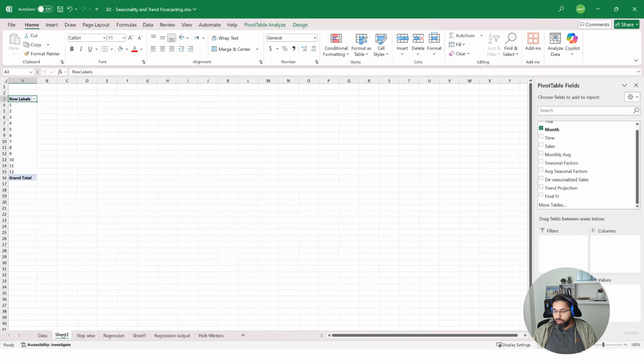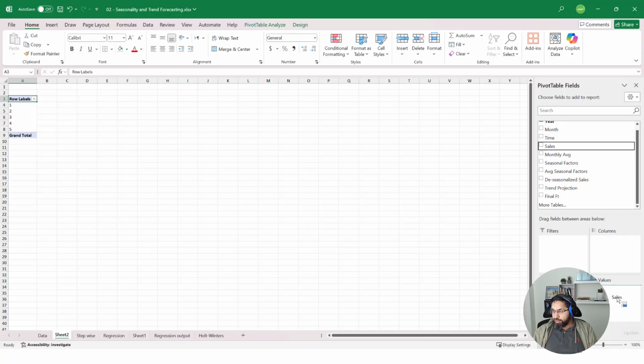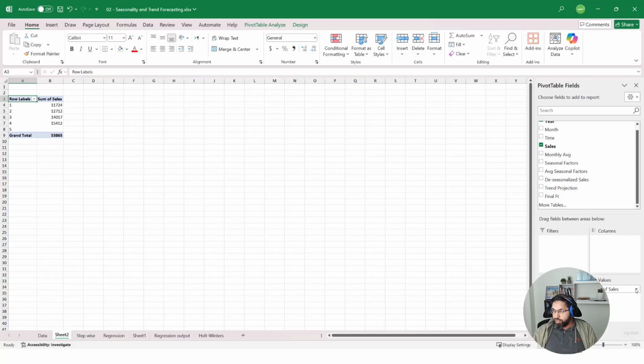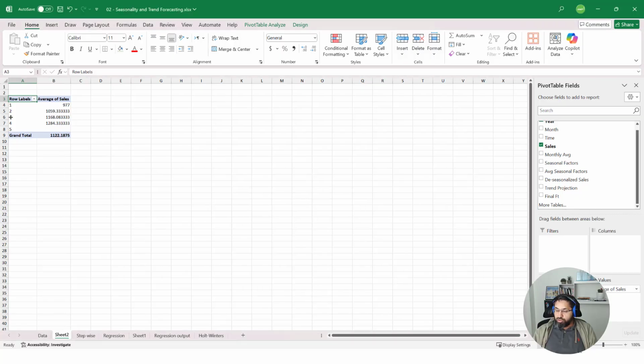No, actually, I need my year in the rows. So that's the year column, and then I can look at my sales, and instead of the sum, I can click in the values part and change it to an average. So that gives me the average for each year.